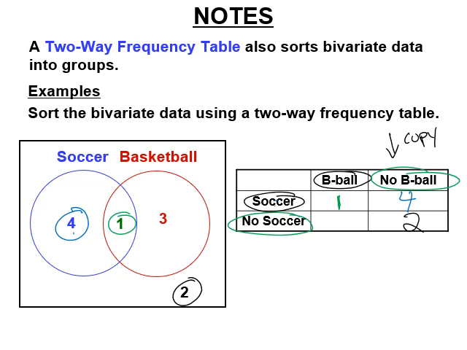And so what's left? We have the people who played basketball, but not soccer, go there. And that's taking a Venn diagram into a two-way frequency table. So we're going to do that next.